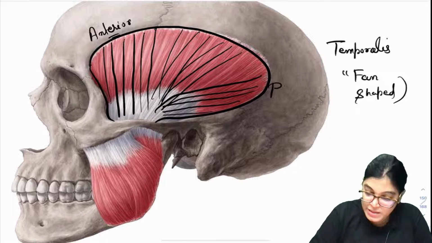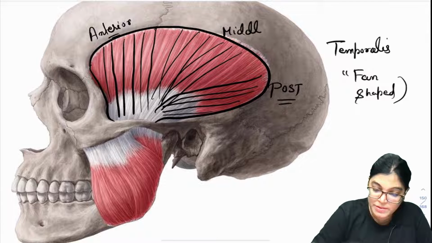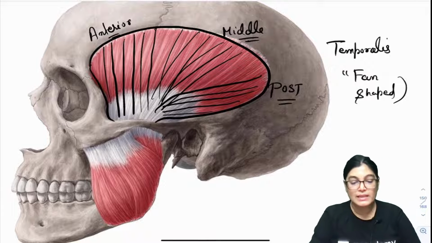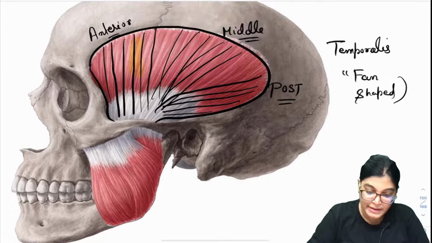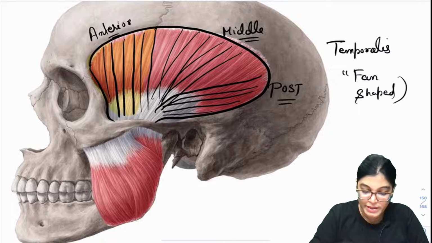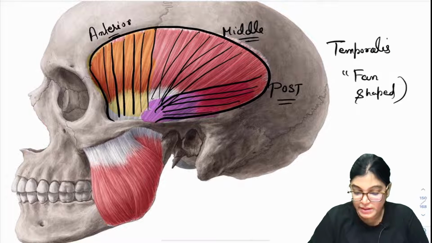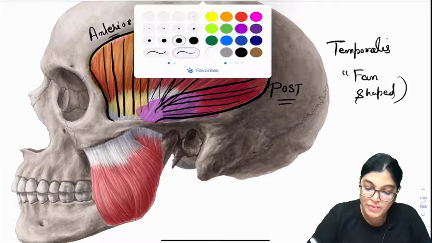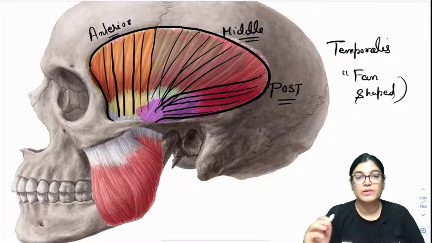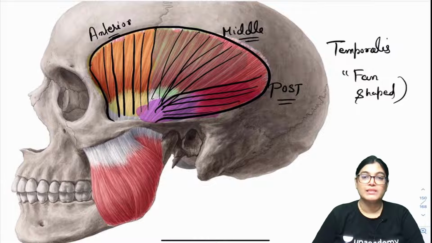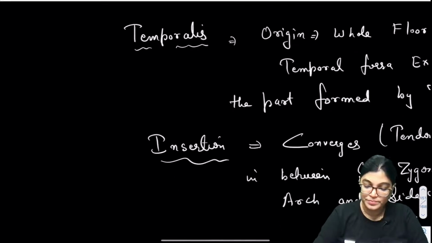This is the posterior fibers, this is the middle or intermediate fibers, and these are their directions. So these are the directions of the temporalis muscle fibers. If you want, you can write it also.